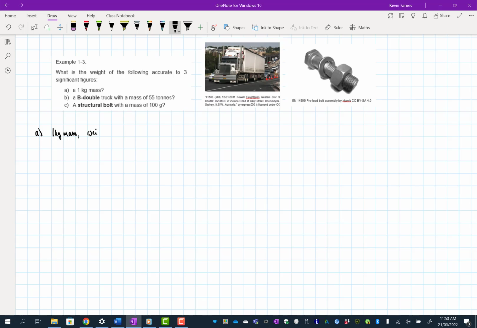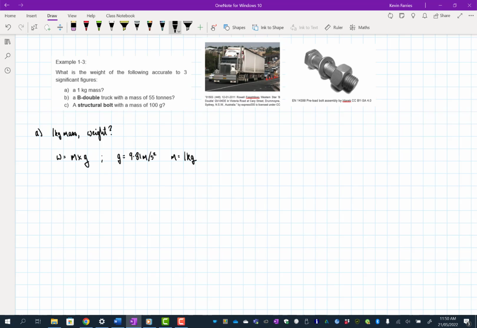What's the weight? First thing is write the equation. Weight is equal to mass times acceleration due to gravity. What do we know? We know G, acceleration due to gravity, is 9.81 meters per second squared. And we know the mass is 1 kilogram.